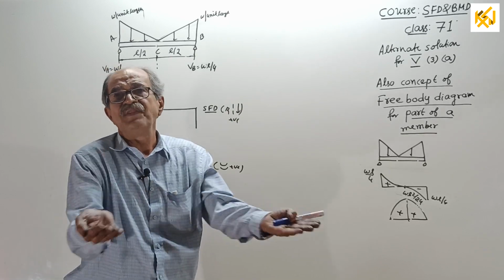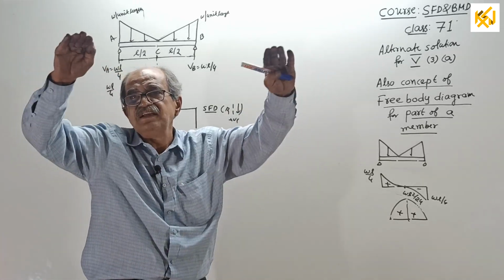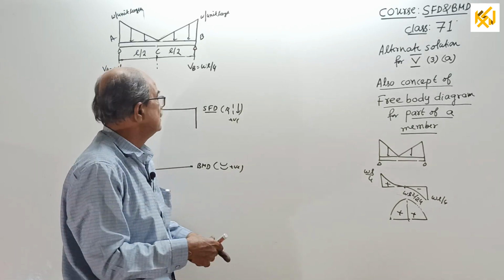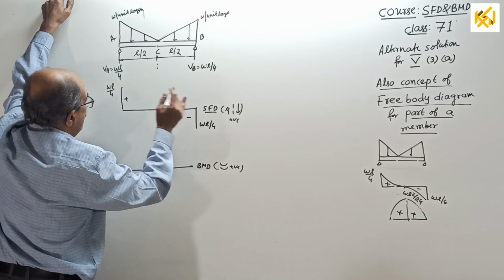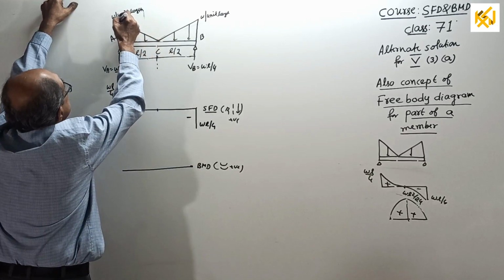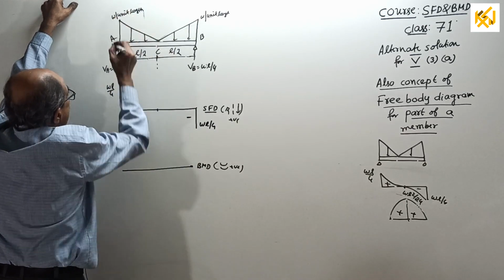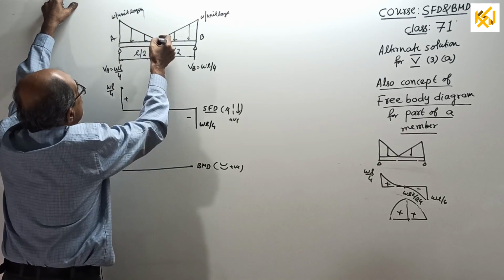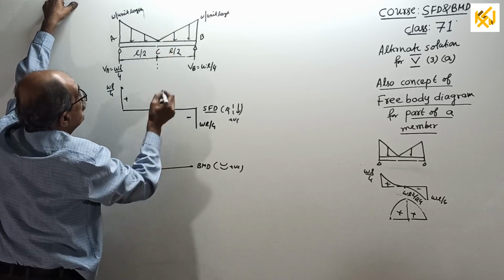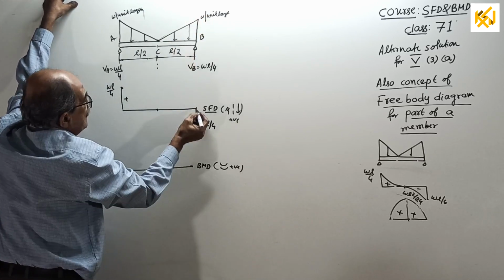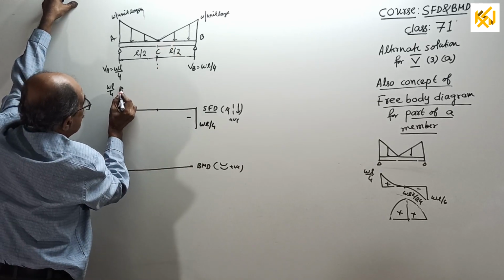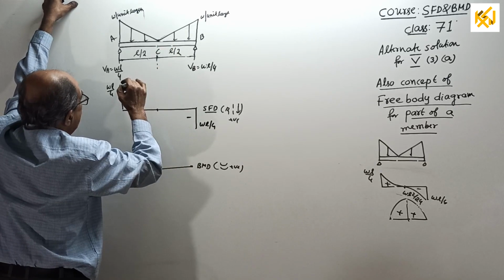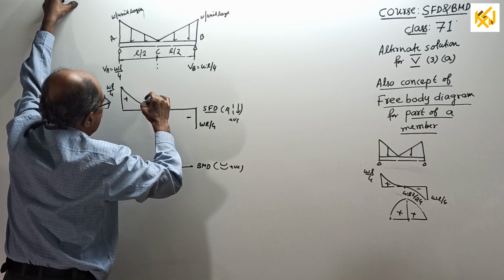But bending moment is not that way. Bending moment is sagging. I already told this earlier. So, minus WL by 4. And remember, as I told, 0 intensity at one end gives 0 slope there, and maximum intensity at the other gives maximum slope. So the curve is not this way, it will be this way.